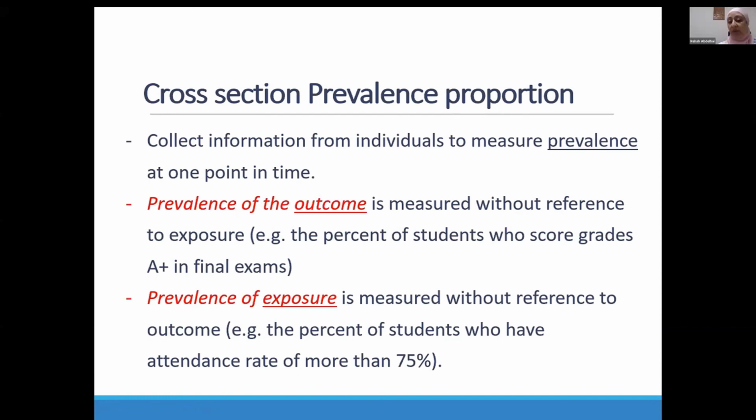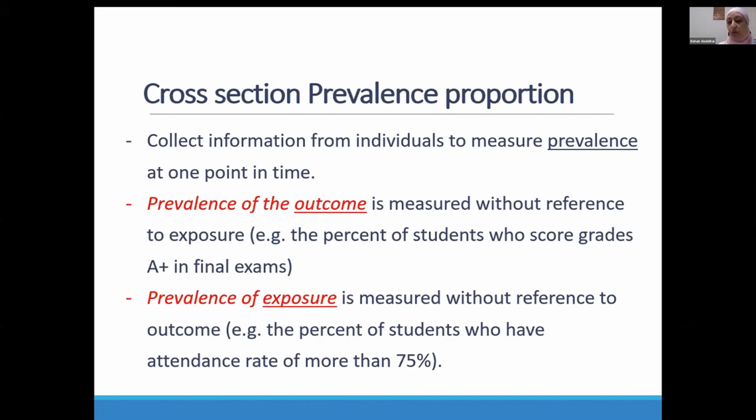So prevalence is usually termed the magnitude of the problem. How many people have something, whatever that something is. So prevalence of an outcome is measured without reference to exposure. Like, for example, if I want to know the percent of students who scored grades of A+ in the final exams.